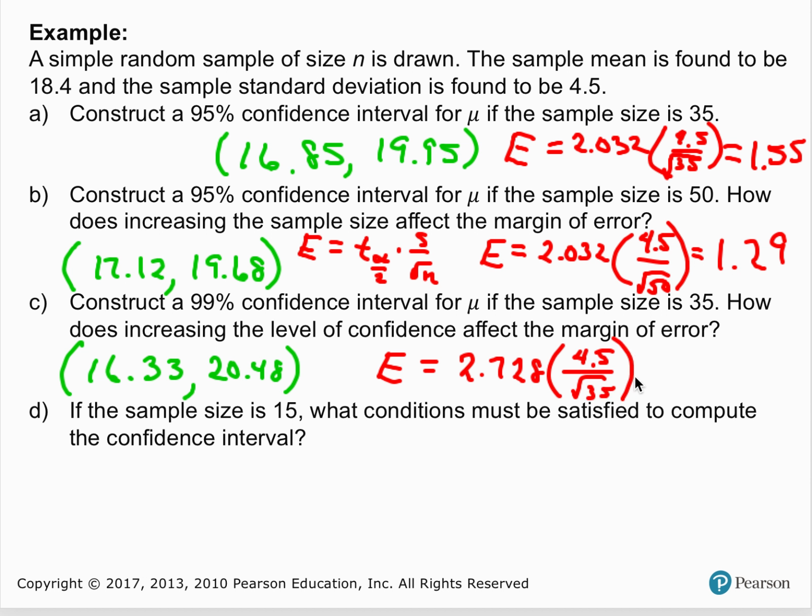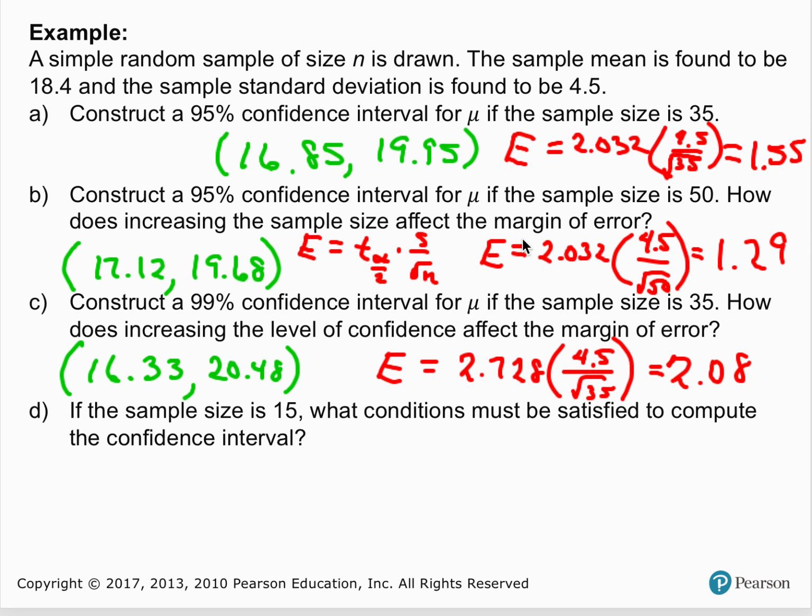We're back to 35. All right. 2.728 times 4.5 over the square root of 35, and we got 2.08. So this time it increased.